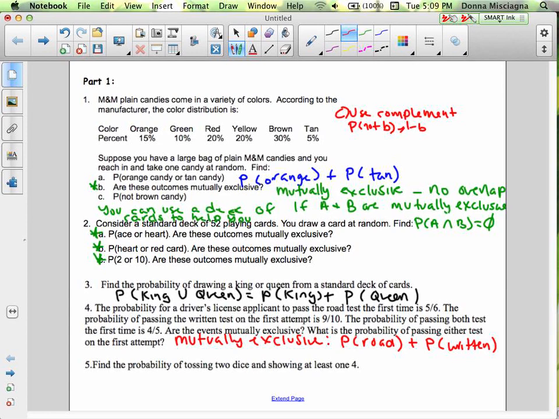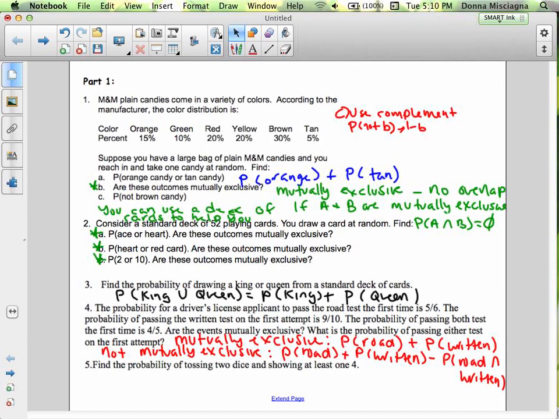If you say they are not mutually exclusive, then that would be the probability of road plus probability of written minus the probability of road and written. If they're mutually exclusive, there's no overlap. If they're not, there's overlap, and you have to subtract out the overlap, or you've counted it twice.